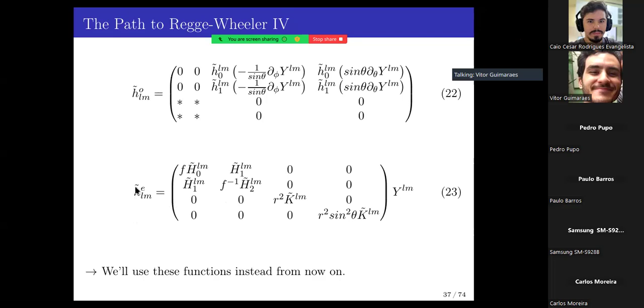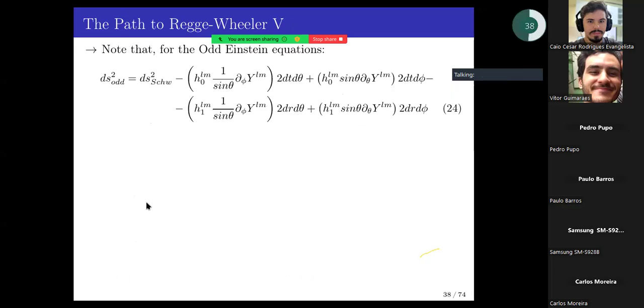But we will omit the tilde for notational simplicity. So from now on, when we are talking about H, we're talking about the Fourier transformed version, okay? So functions of omega instead of t, okay? Omega, r, and theta and phi, okay?